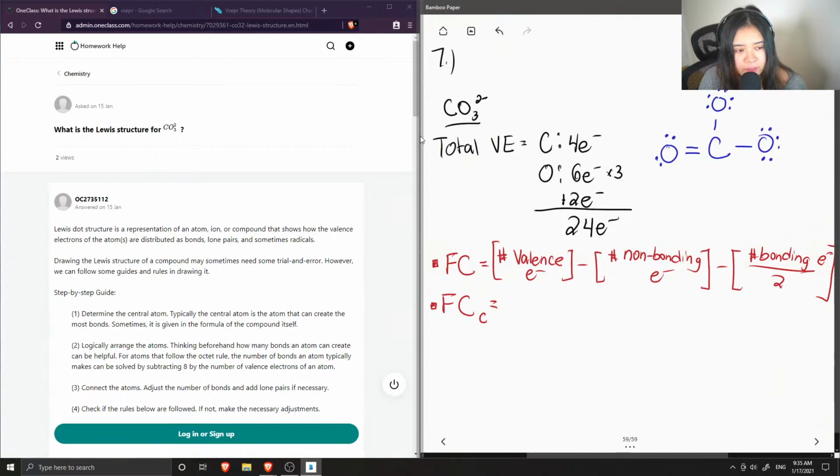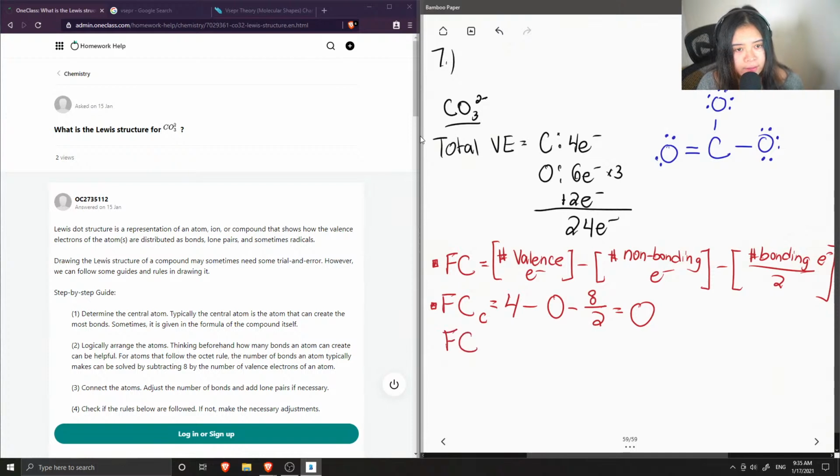Carbon has 4 valence electrons. There are no lone pairs on the carbon, so we just write 0 for non-bonding. And there are 4 bonds to the carbon, so there are 8 bonded electrons in total, divided by 2. So the carbon has a 0 formal charge.